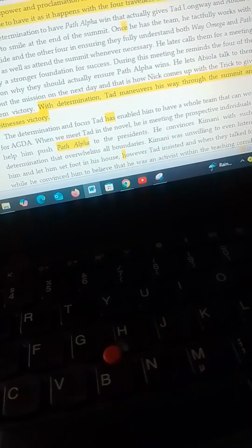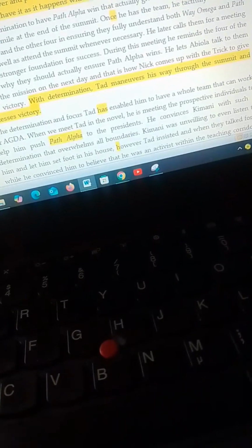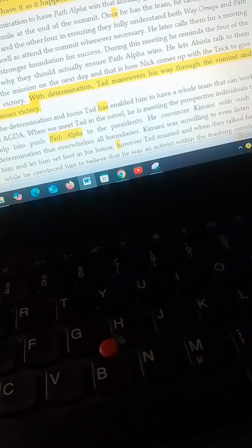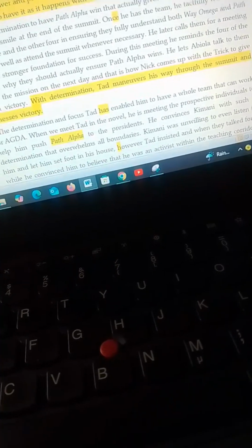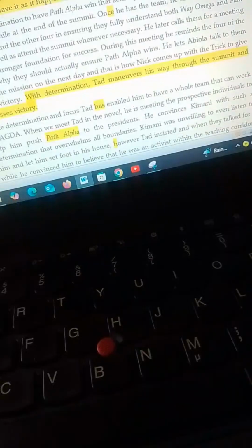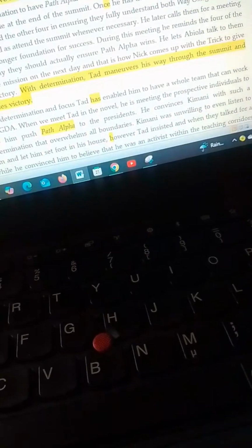During this meeting, he reminds the 4 the reasons why they should actually ensure Path Alpha wins. He lets Abiola talk to them about the mission of the next day, and this is how Nick comes up with the trick to give them victory. With determination, Tad maneuvers his way through the summit and witnesses victory.